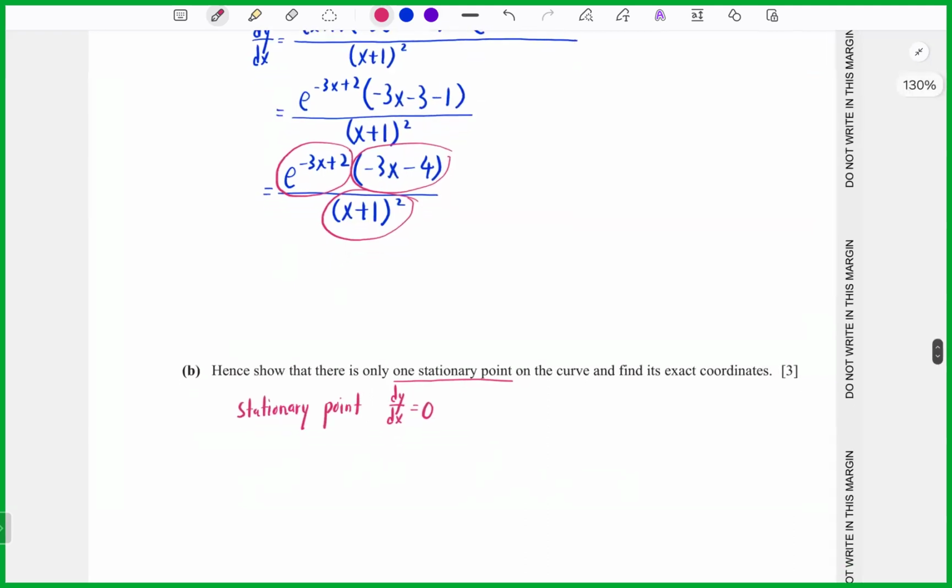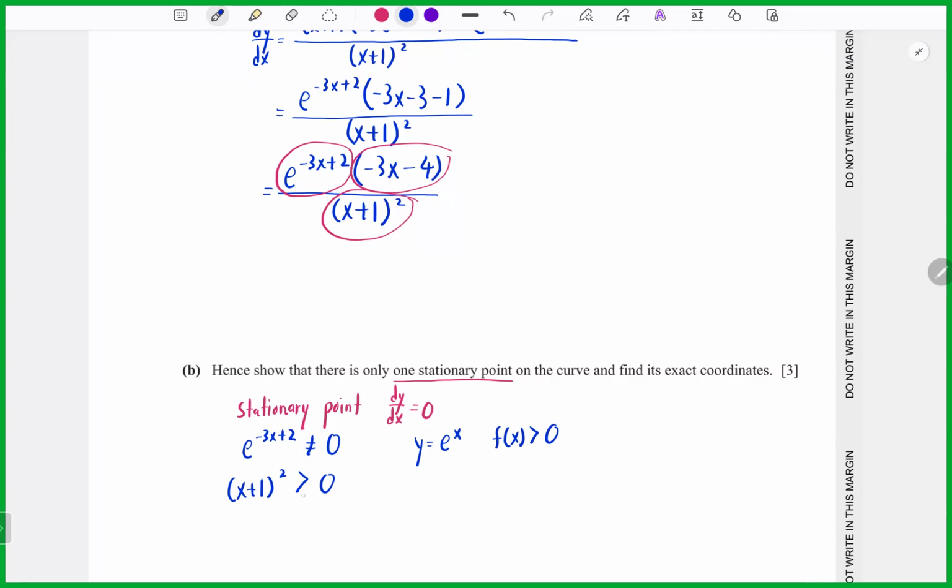You can look at e to the negative 3x plus 2, which will not equal 0. Why? If you have already learned logarithms and exponents, we know the range of an exponent is always more than 0, so it cannot equal 0. And x plus 1 squared is also more than or equal to 0; in this case we say more than 0 because it is in the denominator.